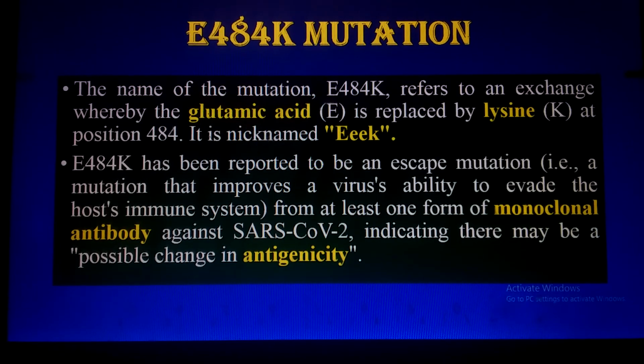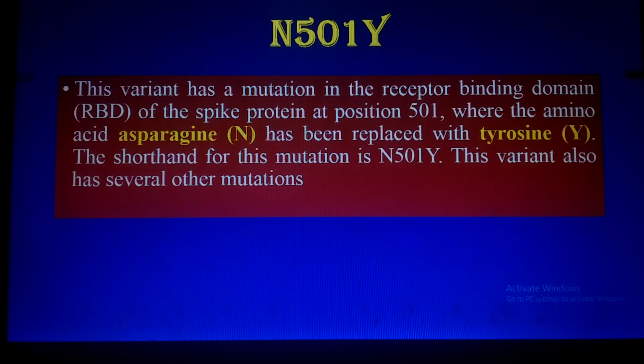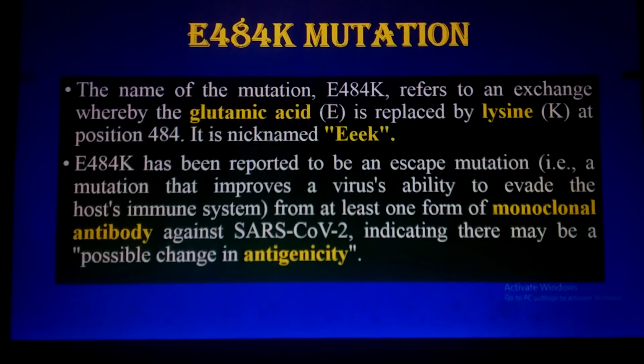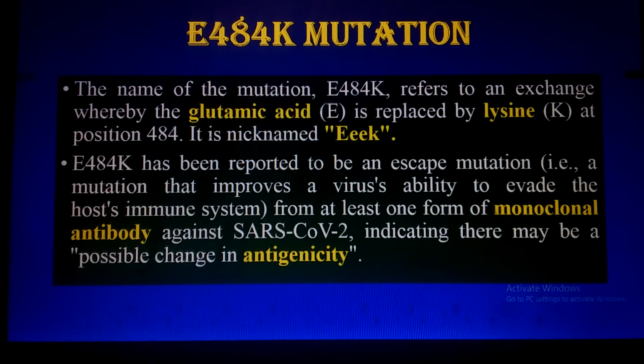The name of the mutation E484K refers to an exchange whereby glutamic acid, like you can see in comparison, in N501Y there's a replacement of asparagine with tyrosine, and now here glutamic acid is replaced by lysine at position 484. So it is nicknamed EEK.